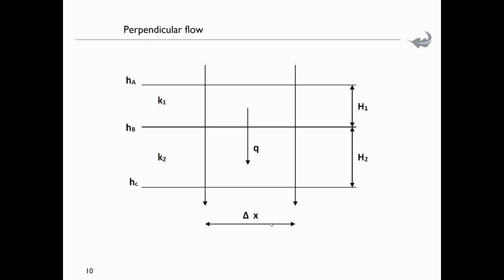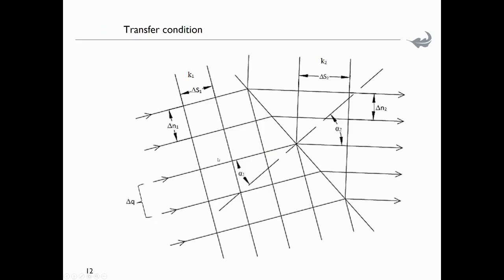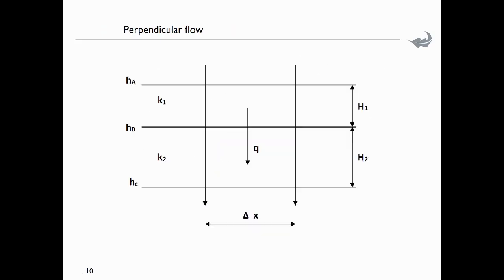If we have perpendicular flow, remember we still have h1, h2, h3, k1 in this layer, and another k in the other layer, etc. And this is the change in head over distance.